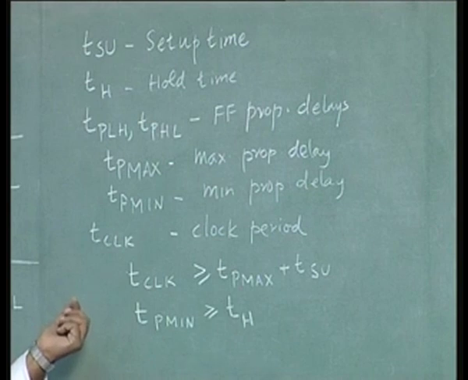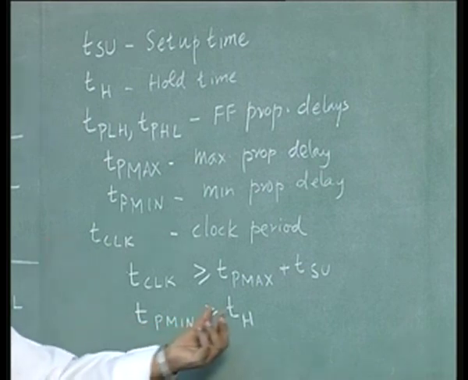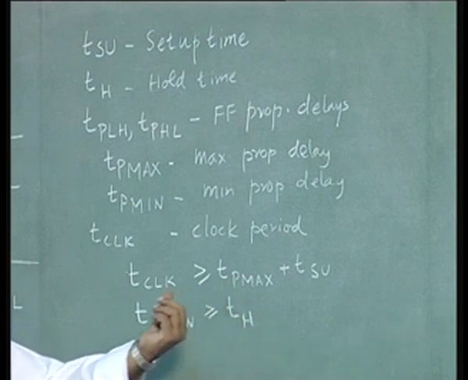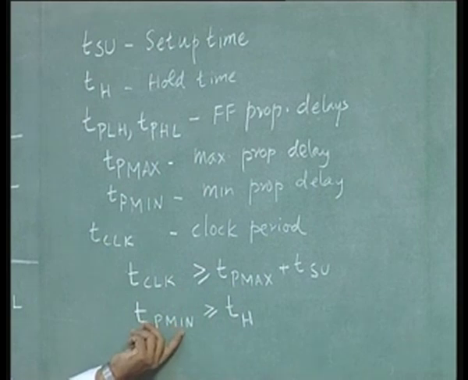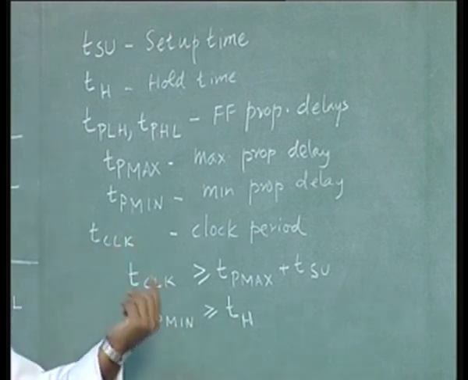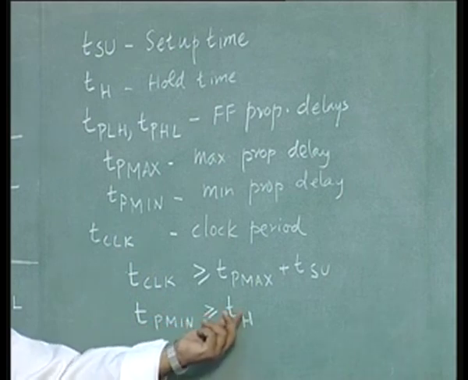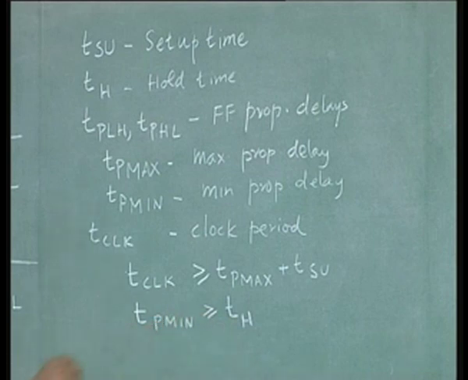That should not happen. The data should be valid because the data validity is what we are looking at. The valid data at the input of the flip flop should not change for a duration of TH after the clock edge, but after the clock edge TP minimum is the minimum period at which the data is going to change, and if this is immediately fed back as the input, the data would have changed before TH has elapsed. So that is why this additional condition.